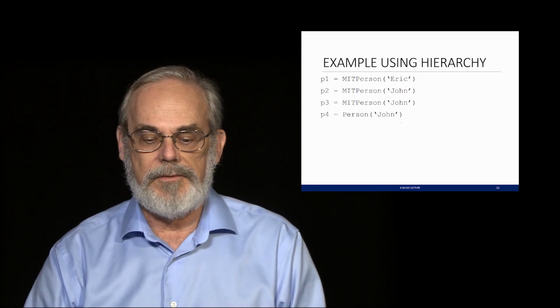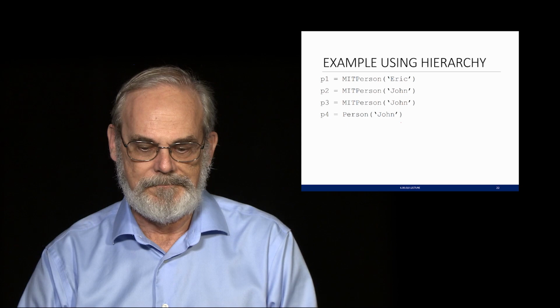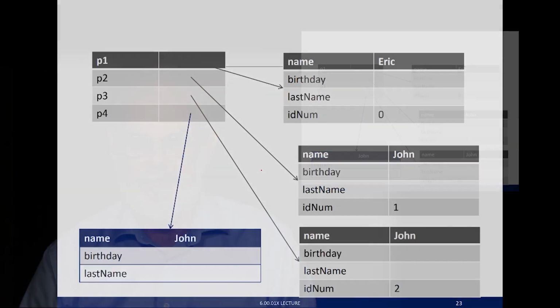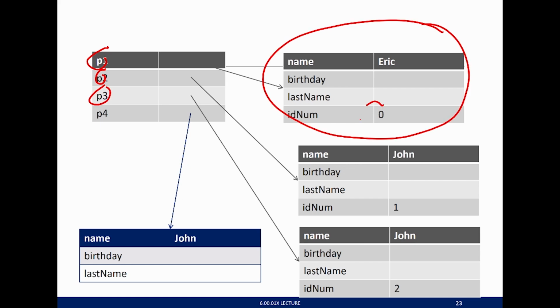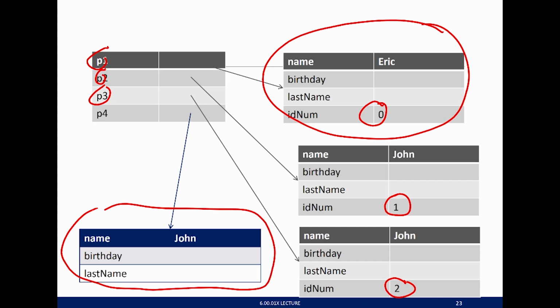And I want to think about things like, how might I sort these? Well, in particular, what happens when I create them? In this case, I have bindings for P1, P2, and P3, 3 instances of MIT people, each with a unique ID number. P4 points to a different kind of object. It's just a person, no ID number associated with them. It's going to be important in a second.